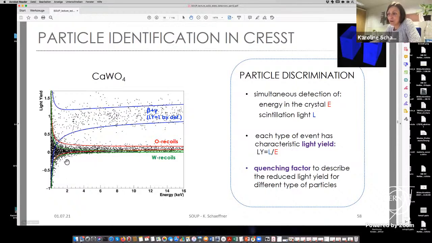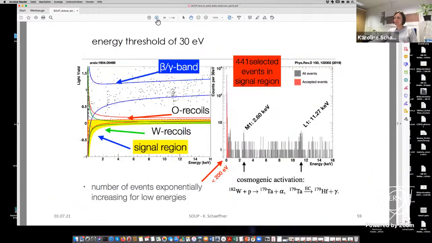The calcium recoils would be in between, so you cannot resolve them. But it shows that with such a multi-target compound, you can study the recoils, because thanks to this light, at least at higher energies, you can distinguish between the different kinds of recoils that you get.